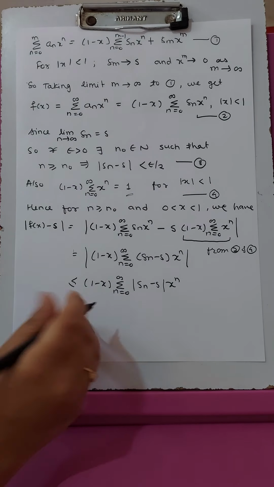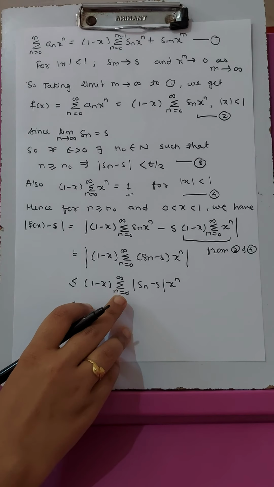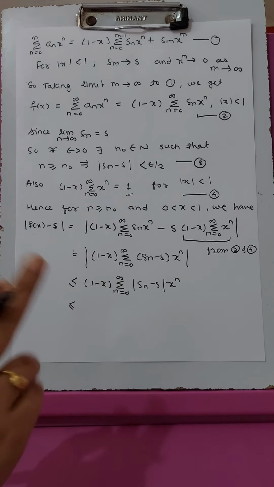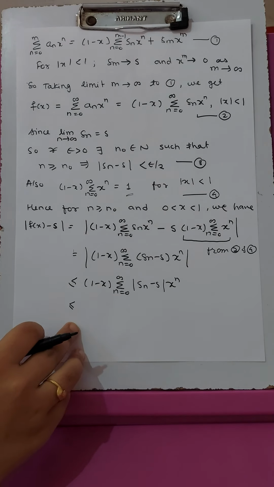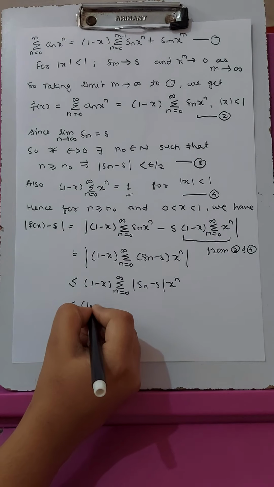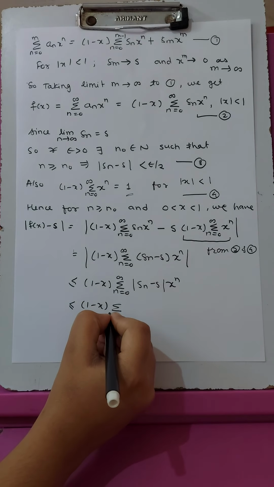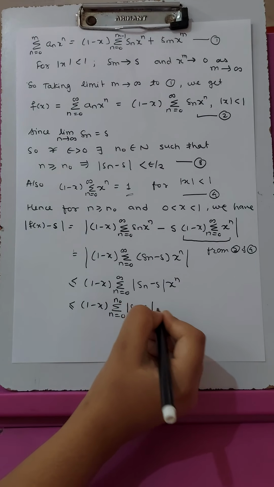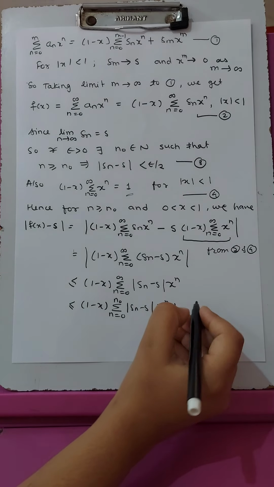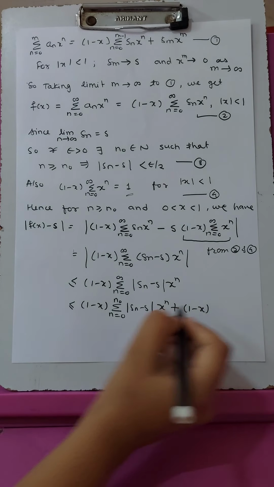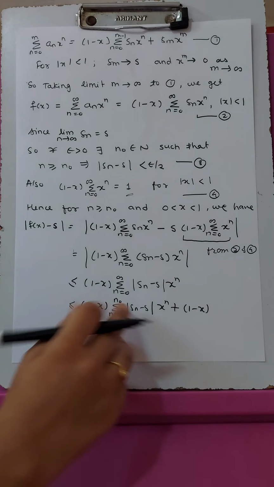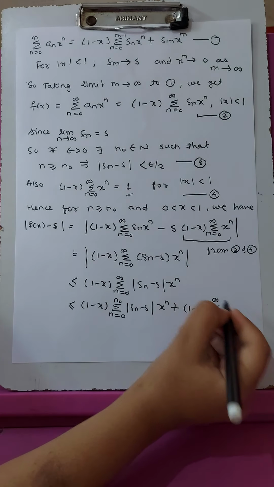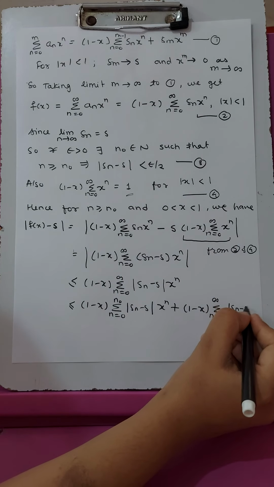Now we will break this summation, that is from n equals 0 to n0 and next from n equals n0 plus 1 to infinity. So we get 1 minus x summation n from 0 to n0 mod of Sn minus s x to the power n, plus 1 minus x summation n from n0 plus 1 to infinity mod of Sn minus s x to the power n.